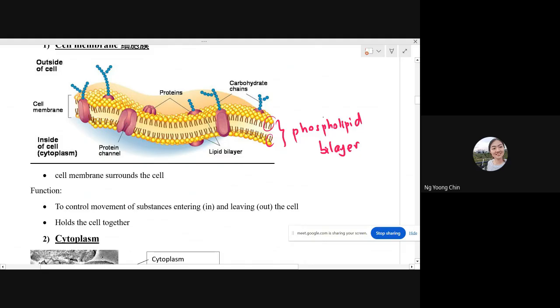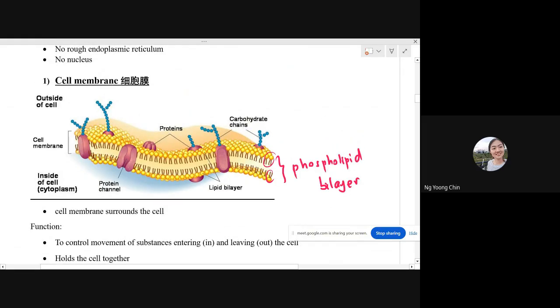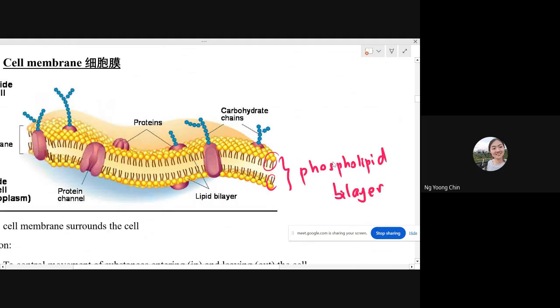Phosphor means that you can see this is the phospholipid bilayer. Every phospholipid is comprised of this thing. Why they are called phospholipid bilayer is because they have the phosphate head. They have the head and tail.